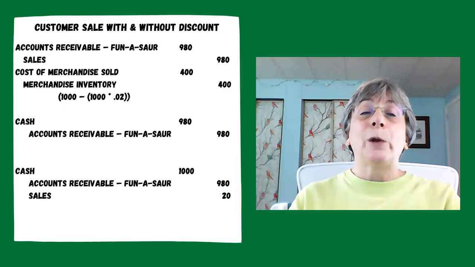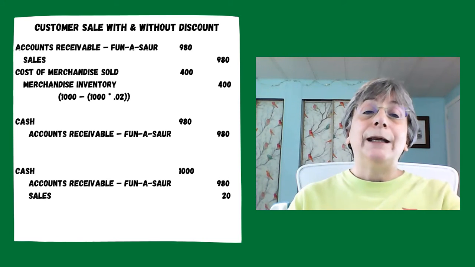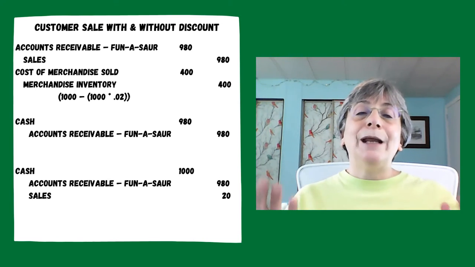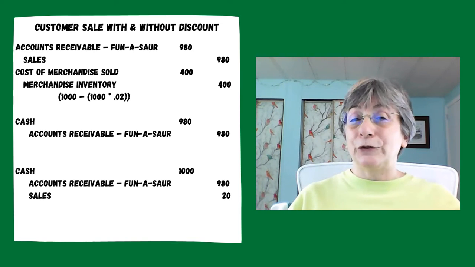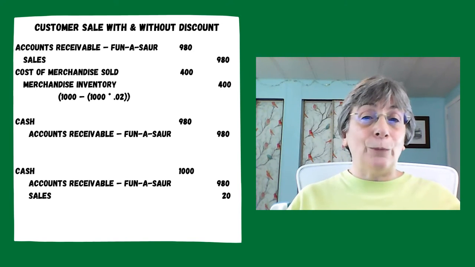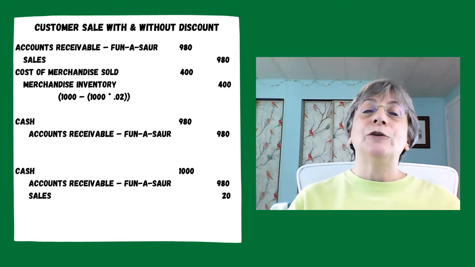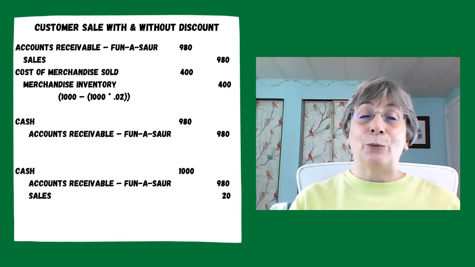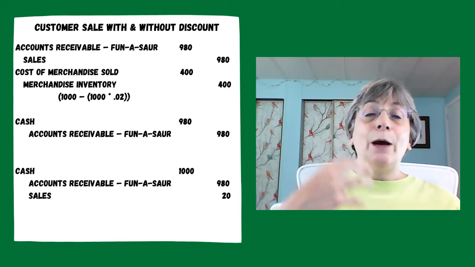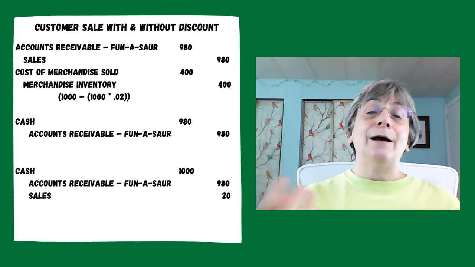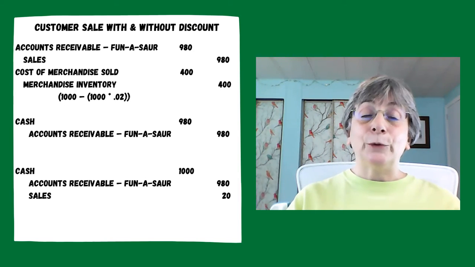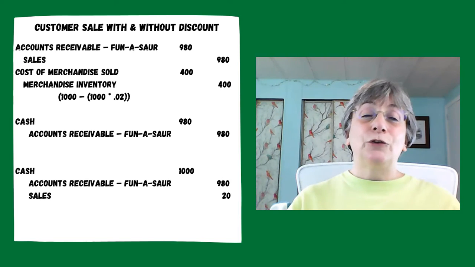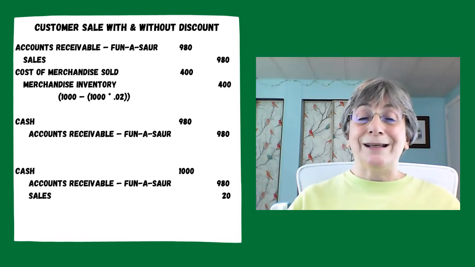That is the amount that we recorded for this sale in accounts receivable. But now we've got a difference of $20. So where does that $20 go? Well, now we're going to add that on to our sales account. So we're going to credit sales. So now overall for that sale, we have $1,000 in revenue because we've added on that extra $20 for the discount that they did not take.